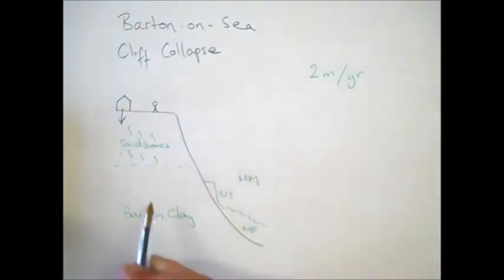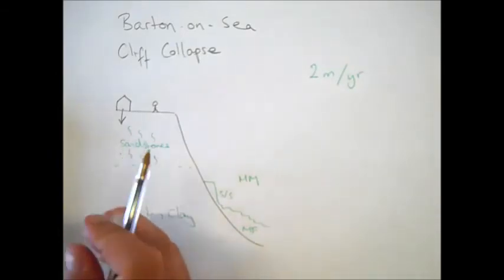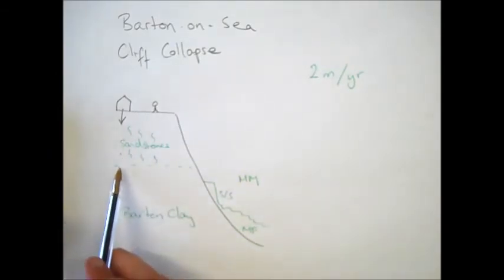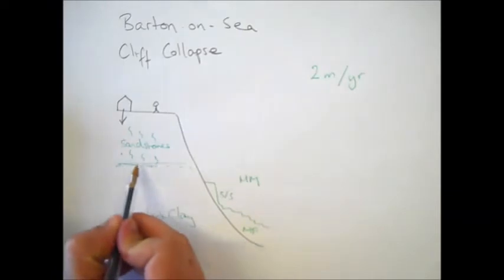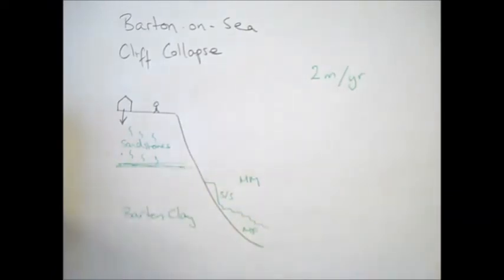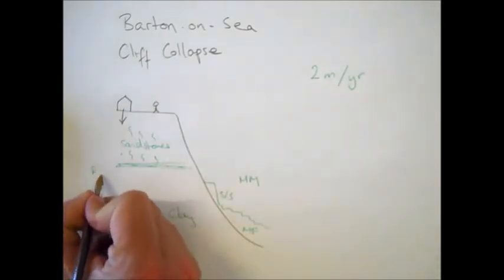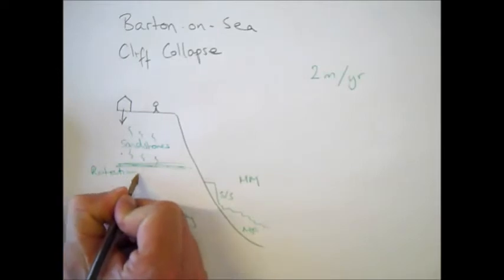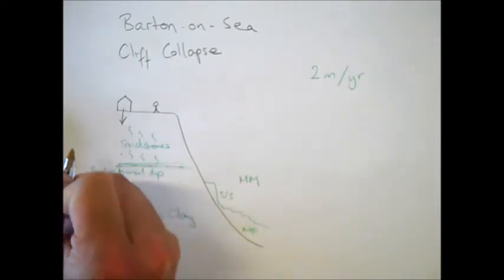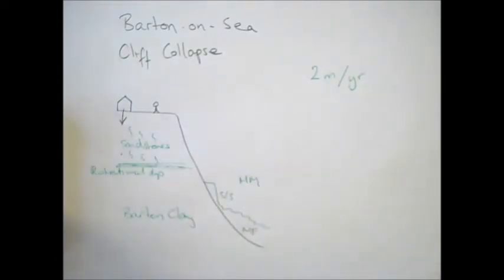So what happens is the sandstones become saturated and very heavy, full of water, and have a film of water forming between them and the Barton clay. That then results, combined with this extra weight from being saturated, in the sandstone basically just slipping off in a process called rotational slip, slipping off the clay and therefore causing cliff retreat.